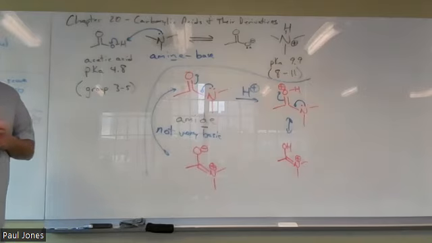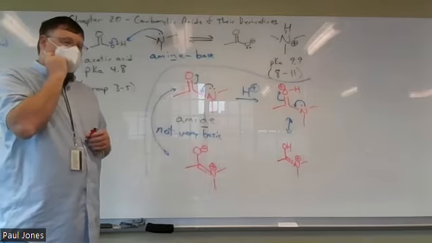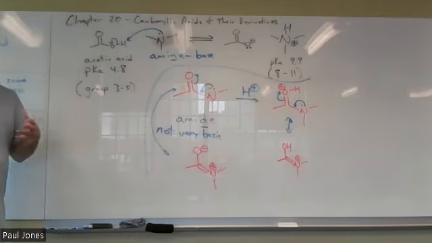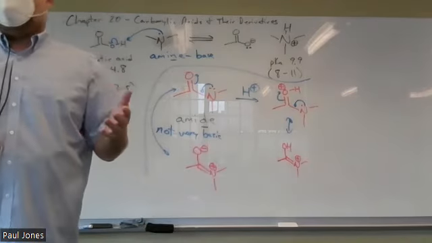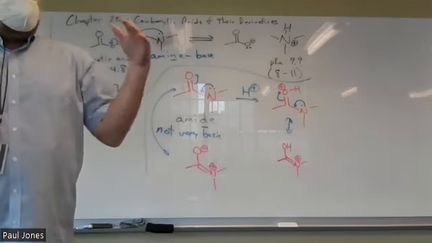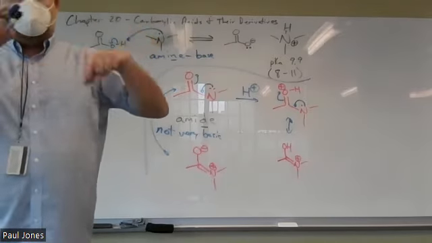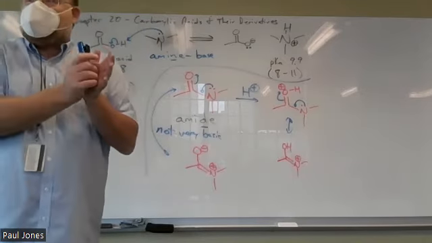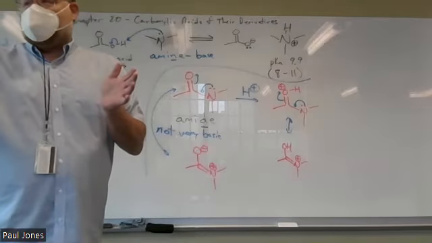Yes. Could you first draw the same structure? Absolutely. So this comes up any time you have an intermediate in a mechanism you're drawing. Let's say some far-fetched thing happens and I ask you to draw a mechanism. If there's an intermediate there that's got a resonance structure, you can either include the arrows that would make the resonance structure in the step, or you can explicitly tell me these two are resonance structures, I'm going from here.